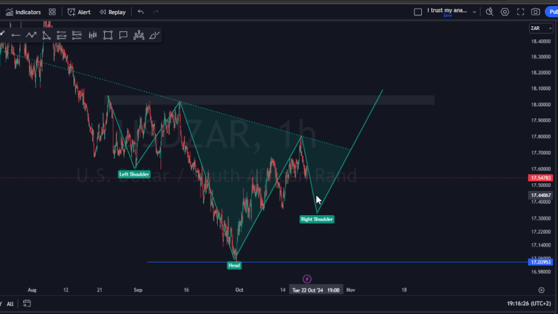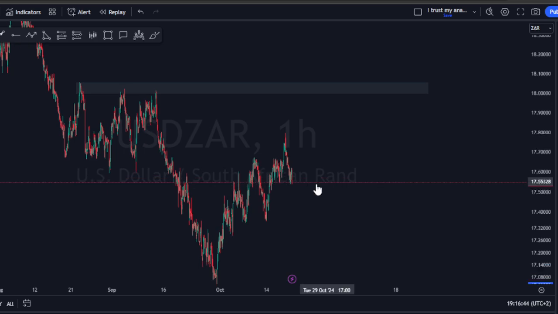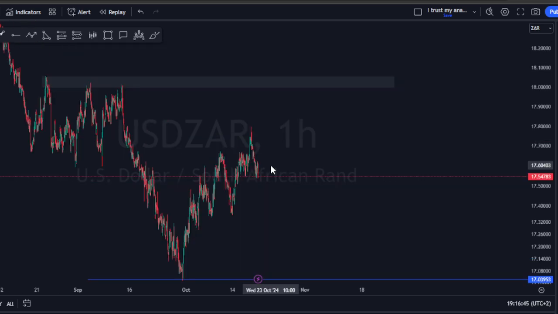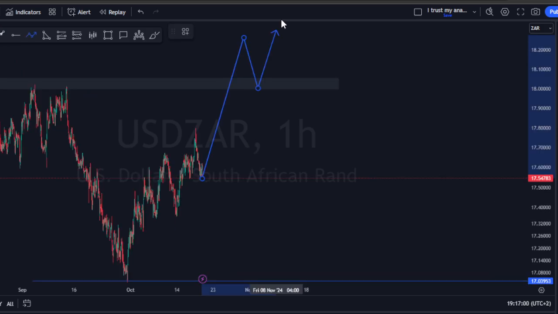It might play out, it might not, but it was good that it assisted us in seeing what we could possibly have. So break out of the zone, retest, and then I'll be looking for my entries to the upside. Then I'll be looking for buys all the way until the high.